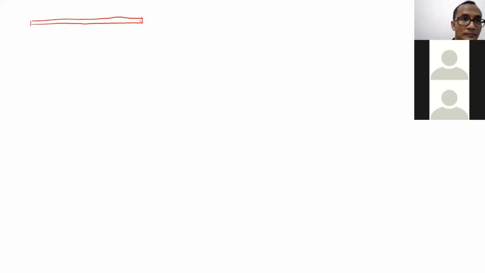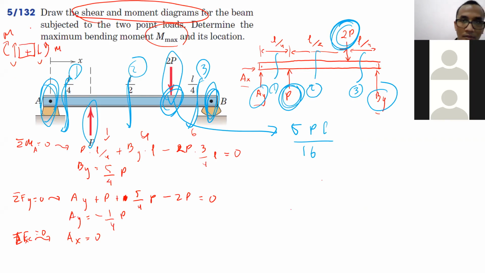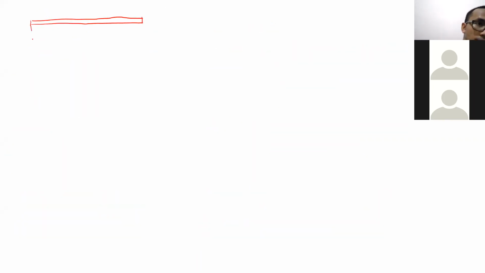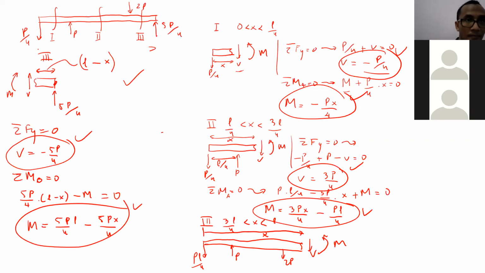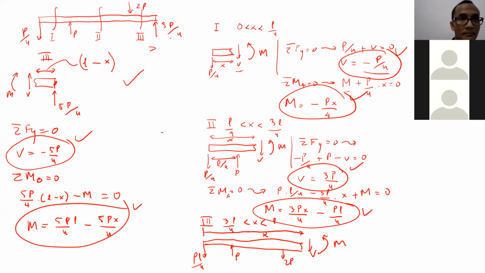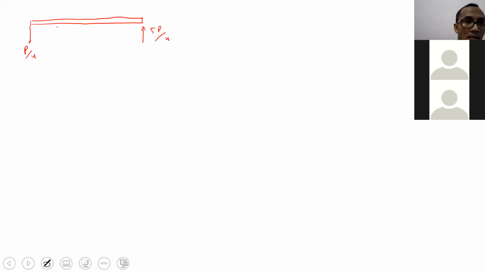Okay, we have P over 4, 5P over 4, and P to P. This one is P, this one is 2P.